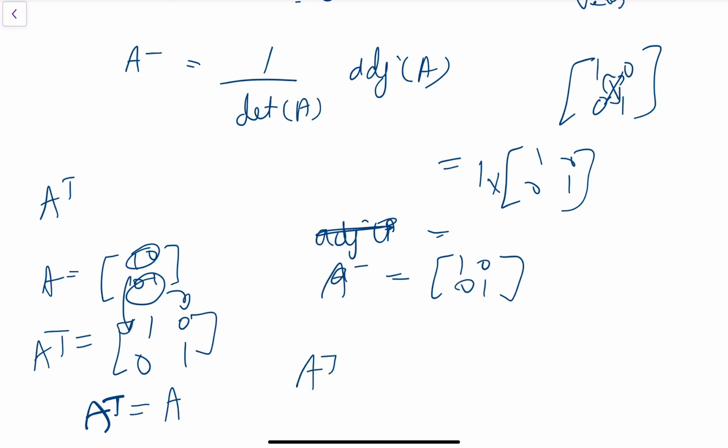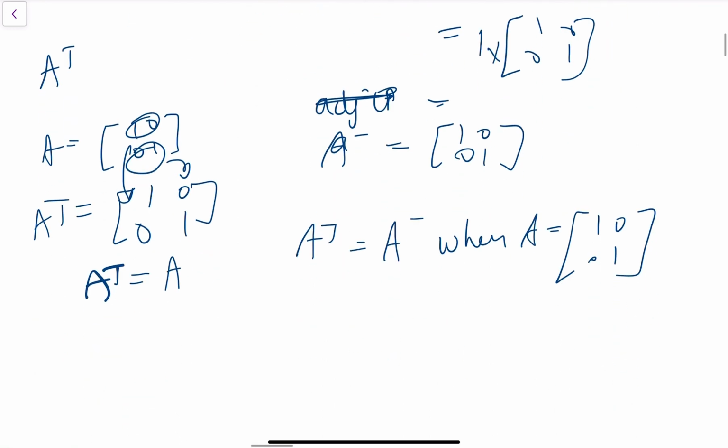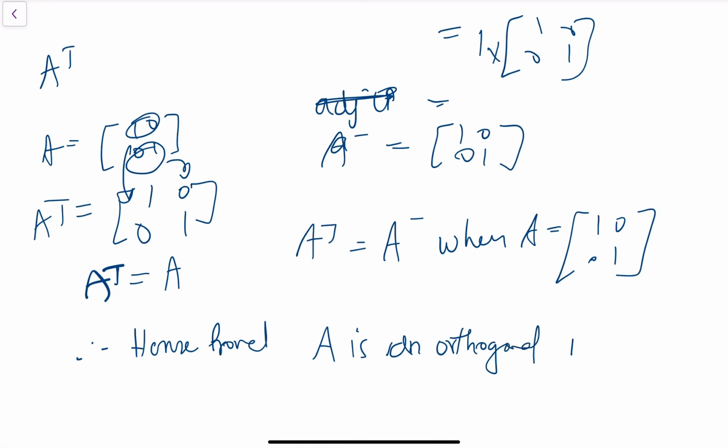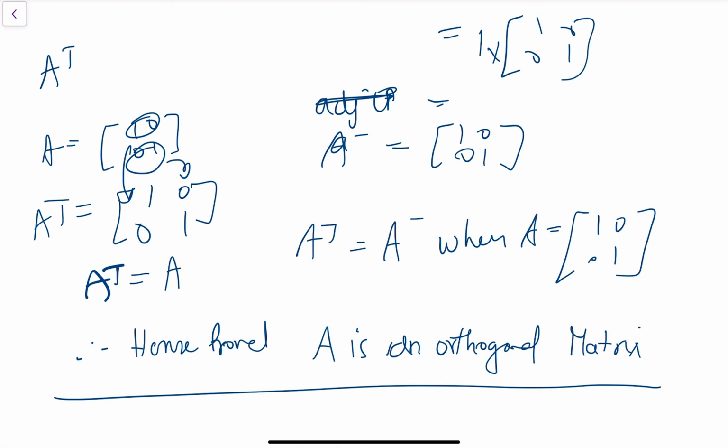So A transpose equals A inverse when A is this 2 cross 2 identity matrix. Hence proved, A is an orthogonal matrix. That was our claim, and we have been able to prove it.